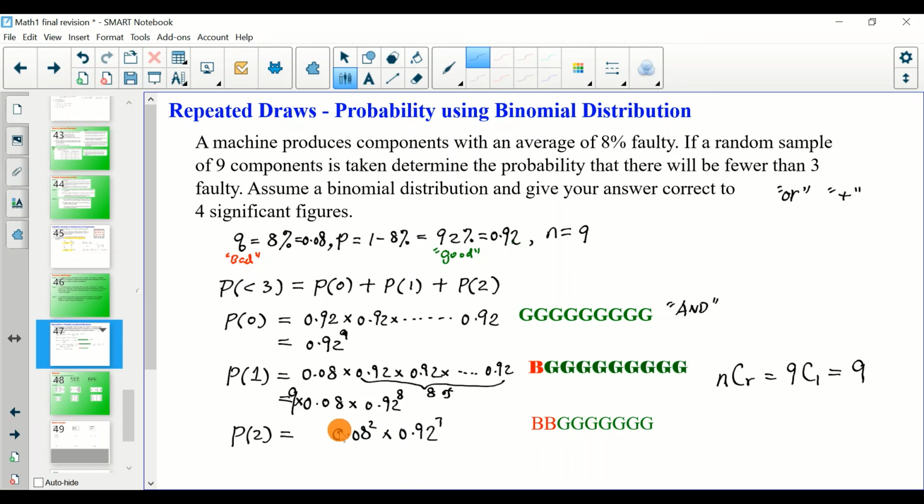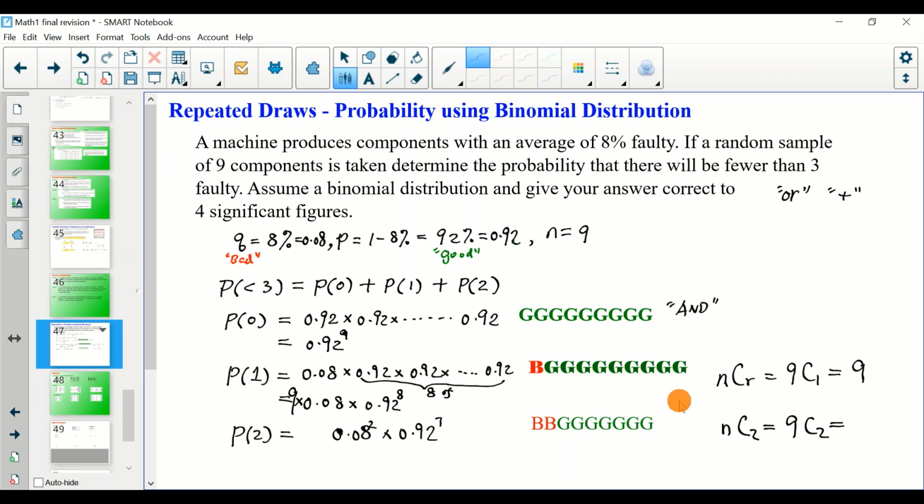And the list here, the first 2 products being bad, is only one way of this happening. There are many other ways that you could get 2 bad in the middle somewhere out of the list of 9. So here again, we invoke the combination formula. nCr, out of 9 products, I'm choosing 2 to be bad.